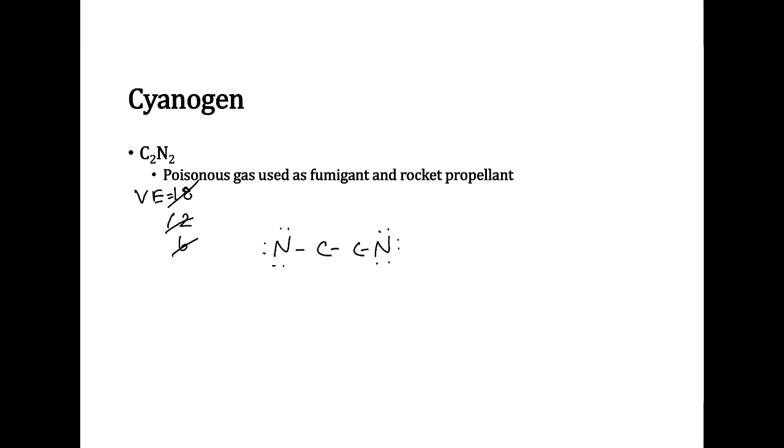So now we need to go through and assign some formal charges. So the formal charge on each nitrogen, -2. The formal charge on each carbon is +2. So in order to minimize these, you can go through in a stepwise motion. So I'm going to move one in from each side first. So you'd have something that looks like this. But as we look at this Lewis structure, you'll see again, the nitrogens obey the octet rule, but the carbons do not.